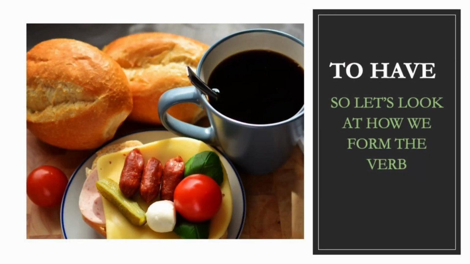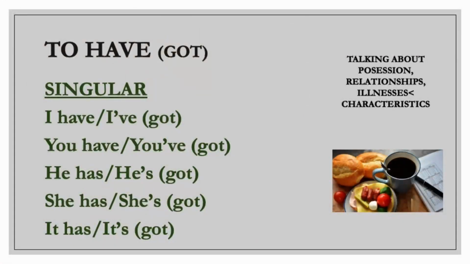So let's look at how we form the verb. The singular: I have, I've got. You have, you've got. He has, he's got. She has, she's got. It has, it's got.